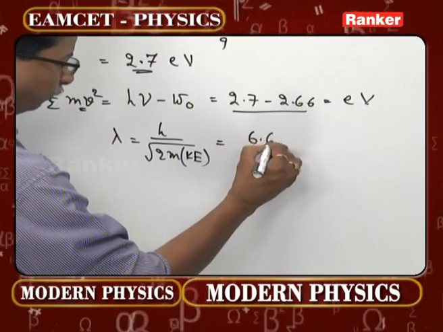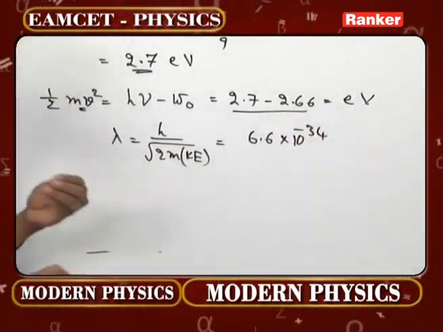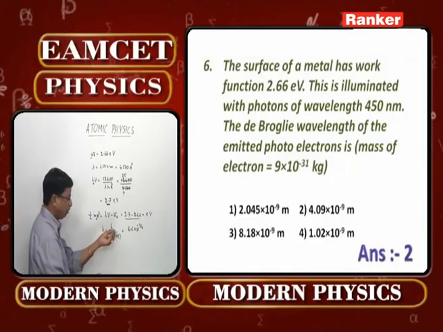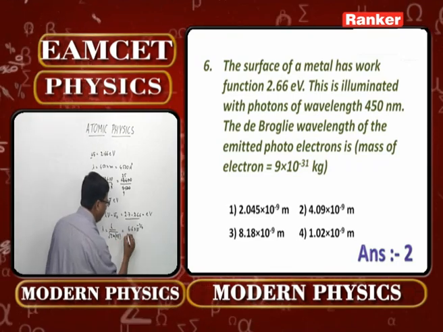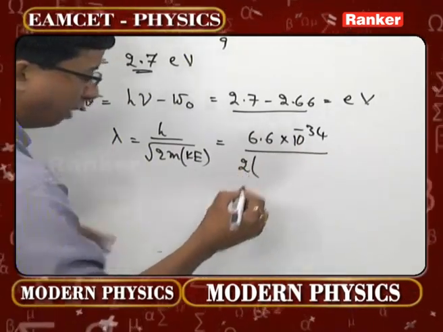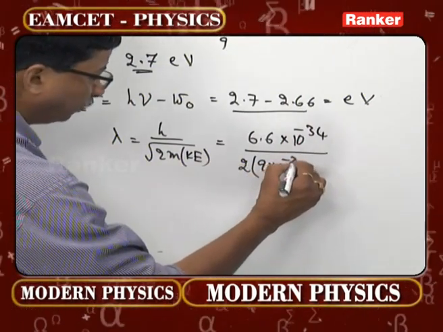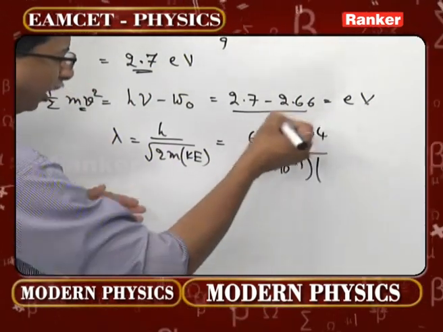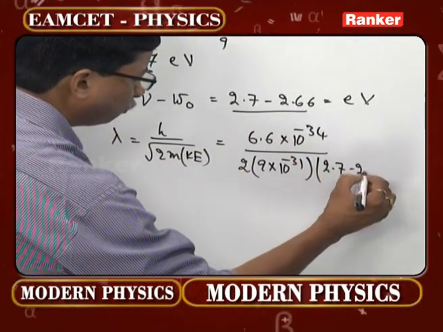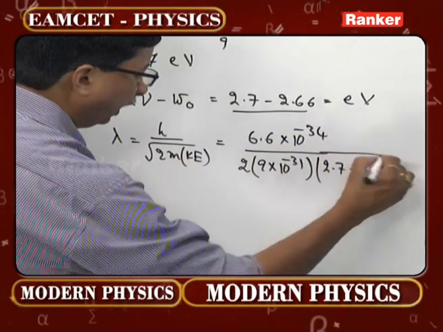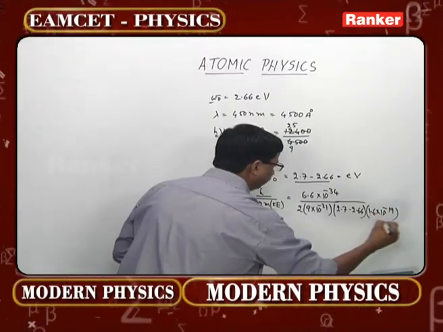What should we write now? The h value is 6.6 into 10 to the power minus 34. He has not mentioned the value of h, so directly you can take 6.6 into 10 power minus 34, divided by 2 times the mass he has given, 9 into 10 to the power minus 31, into the kinetic energy, 2.7 minus 2.66 electron volt into 1.6 into 10 power minus 19.